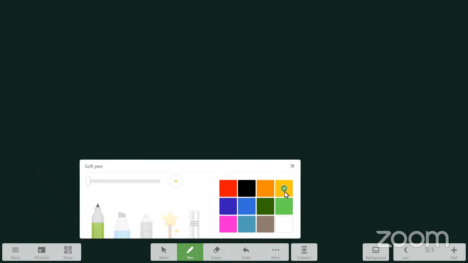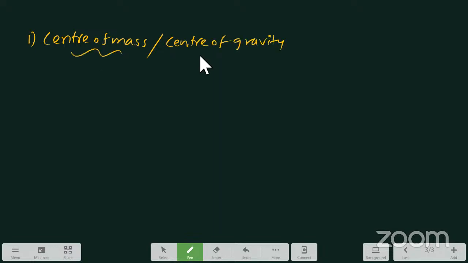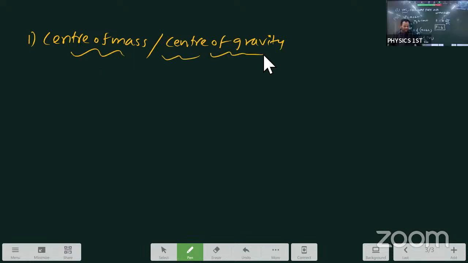So, center of mass and center of gravity is the first question from system of particles and rotational motion.